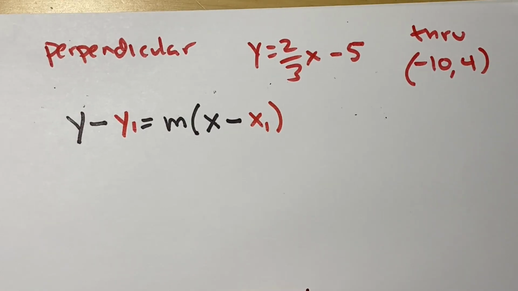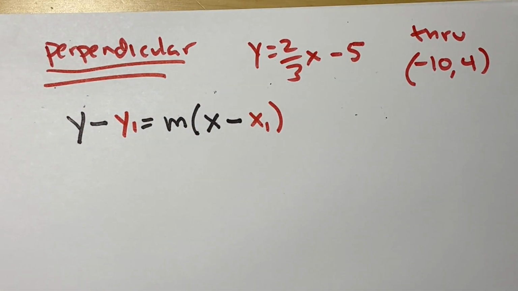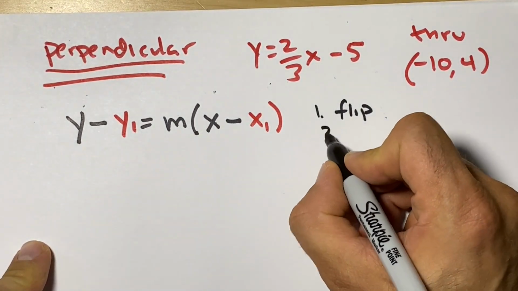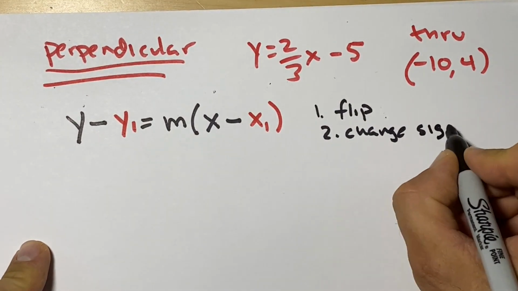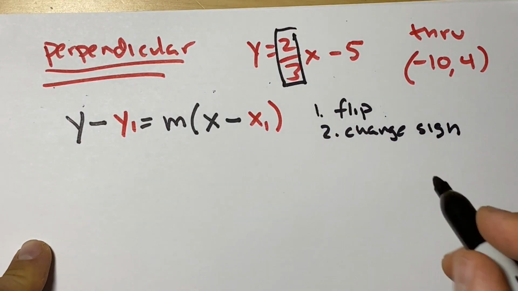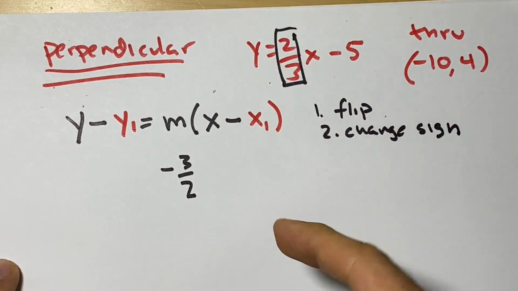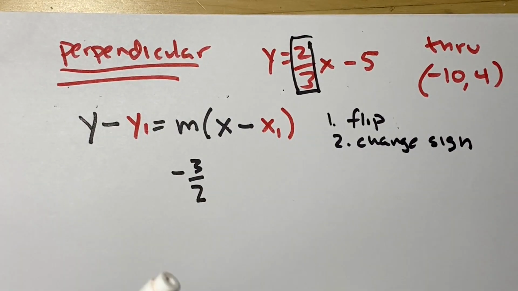So let's do that. Now when we have perpendicular, we're going to flip it. That's called the reciprocal, and we change the sign of the slope. So if our slope was 2/3, our new slope is going to be -3/2. We flip it and we change the sign.